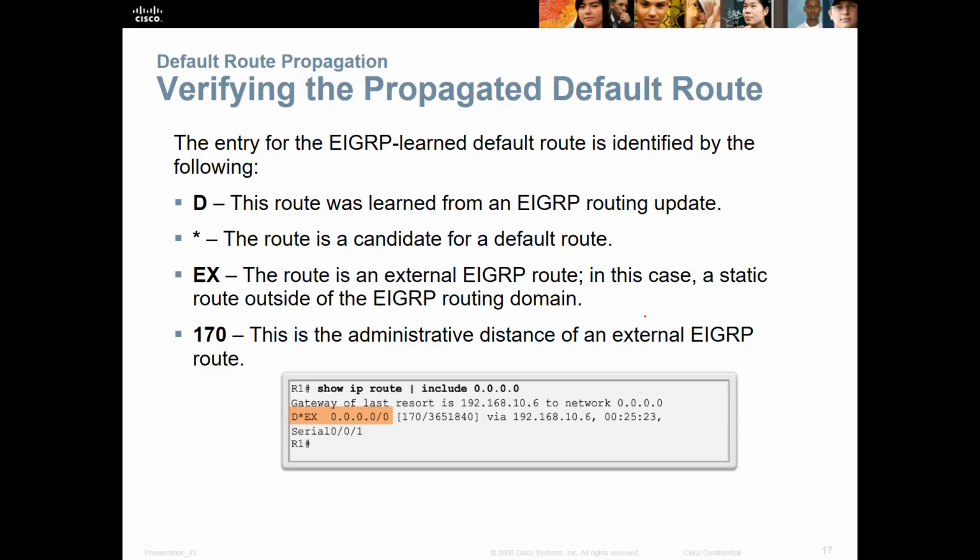If we are looking at a D*EX, the D means it's learned from that routing protocol. Star is the candidate for the default route. EX means this is an external EIGRP route. And then 170, because this is the administrative distance for external EIGRP. 170 is the default administrative distance for EX.